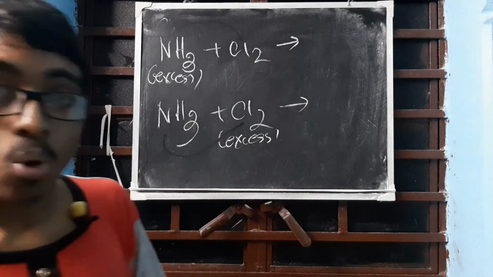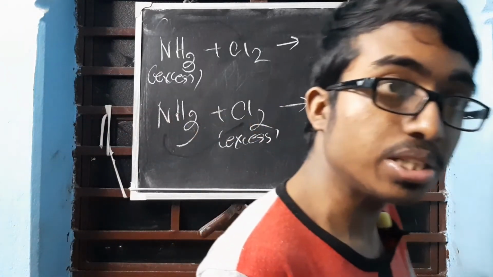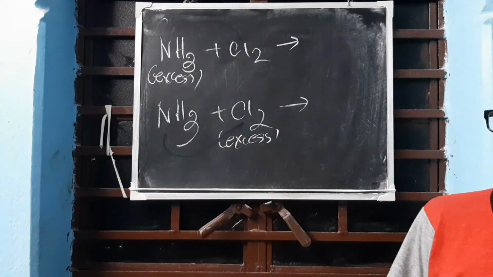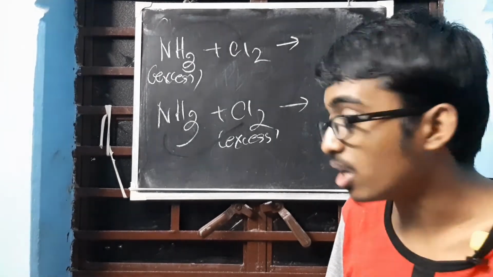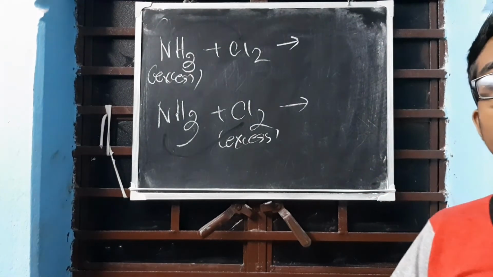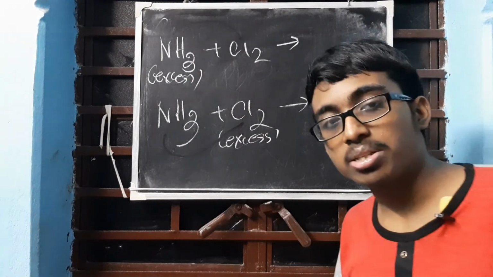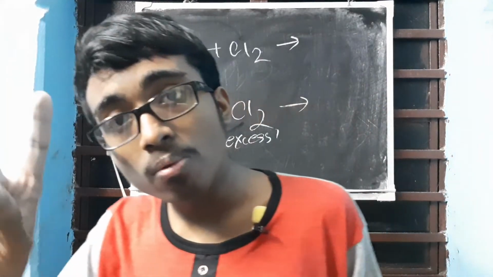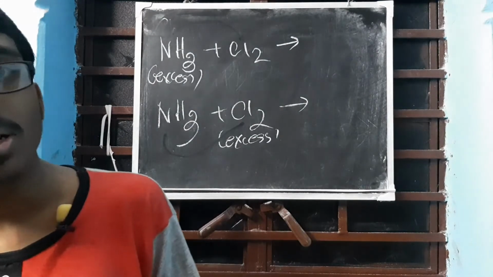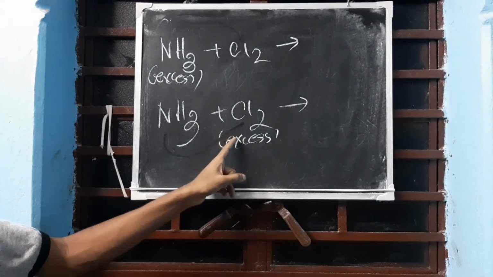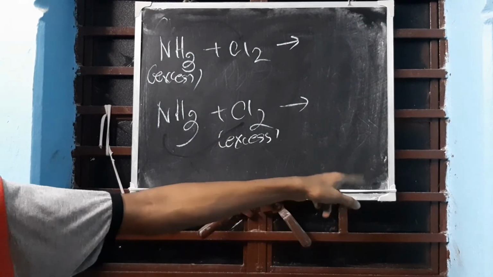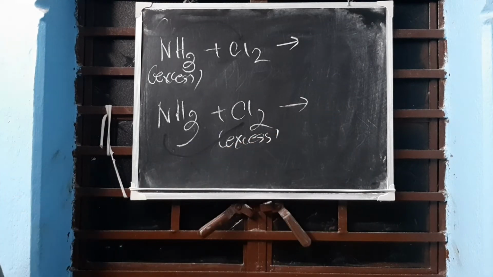Now you think, which will form NH4Cl? NH3 in excess, because NH3 with Cl2 always has to react to form NH4Cl. But Cl2 in excess with NH3 can form other products. What product will it form?